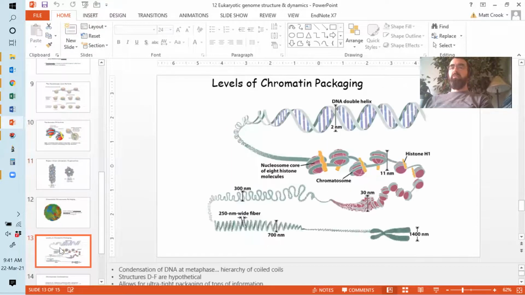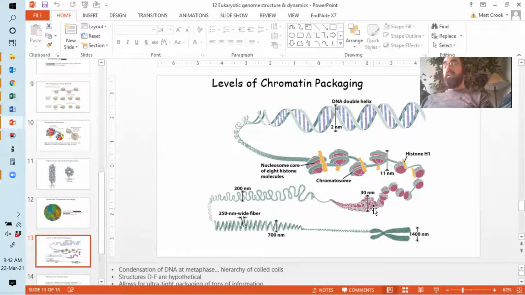It basically goes down to this kind of compaction, right? So in most transcriptionally active cells, I guess would be the best way of putting it, your DNA is going to look something like this, right? It's going to be a long, long fiber, maybe looped up, organized in particular regions, which we'll get to in a second.